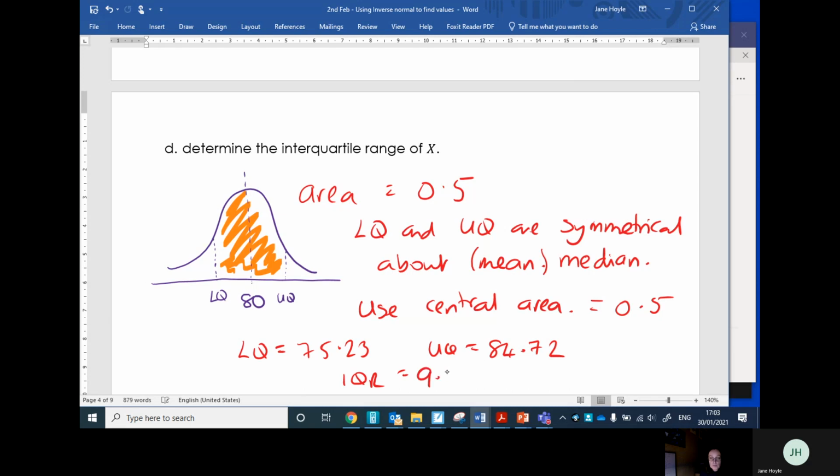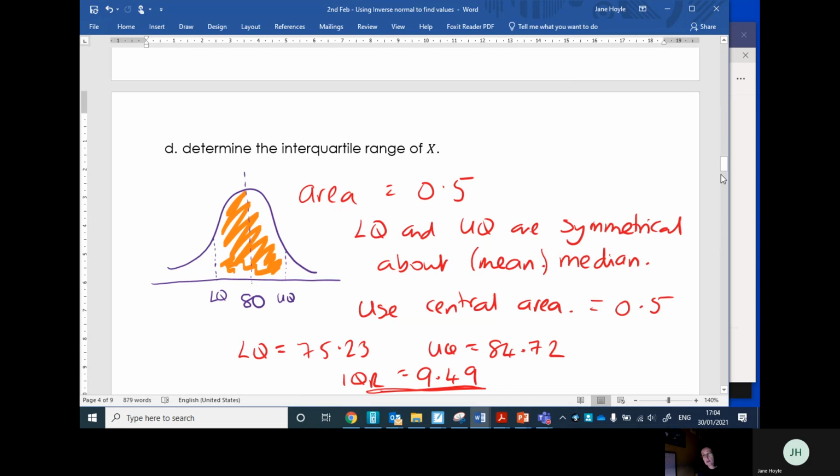There we go. Okay, and of course you can just use this for interquartile range. You could use it for the middle 40% or the middle 70%, but it is a little bit rare, the situation where you'll be asked to work out the range of the middle without it being interquartile range.